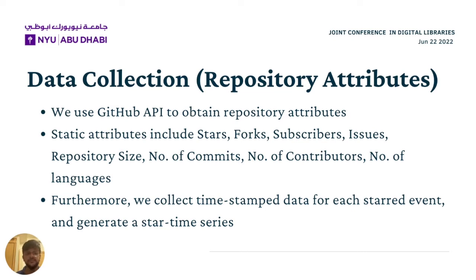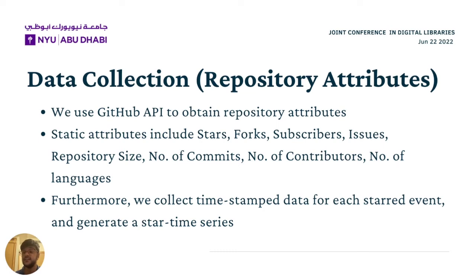Furthermore, alongside these simple attributes, GitHub also lets you collect the time-stamped markers for when someone stars a repository. Starring is a very common feature of GitHub. It's mostly used to bookmark repositories for future use. Basically, using the GitHub API, we collected all the times at which a GitHub repository is getting starred.